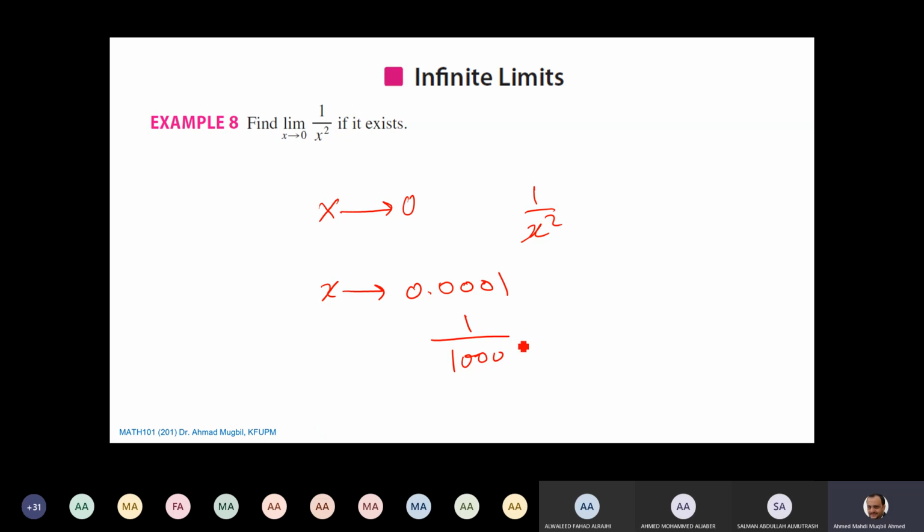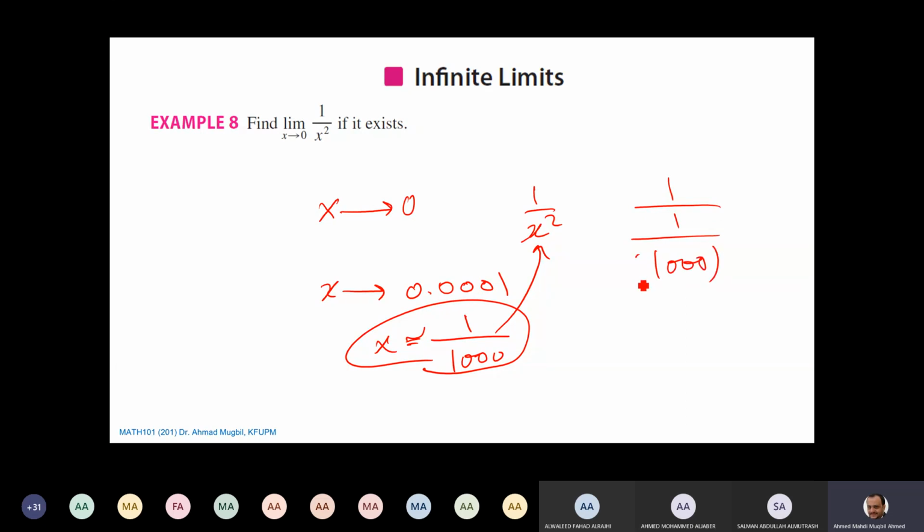If you square it and put it here, you will have 1 over 1000 squared, which of course is 1 million.